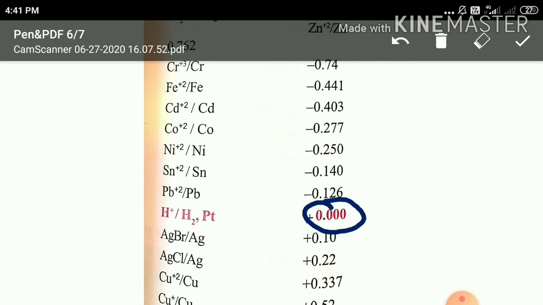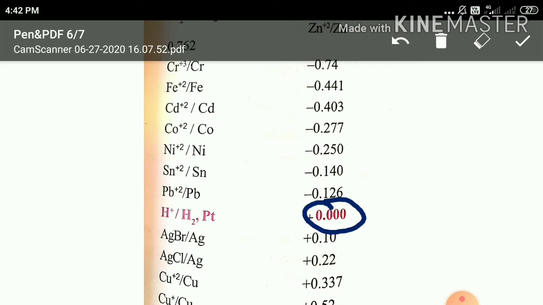So with the help of this, the standard reduction potential value also gives us an idea to understand whether the given metal displaces hydrogen from its mineral acid or not. Generally, the metals which are present above hydrogen in the electrochemical series displace hydrogen from its mineral acids, and hydrogen does not reduce the metal ions of those present above hydrogen in the electrochemical series.